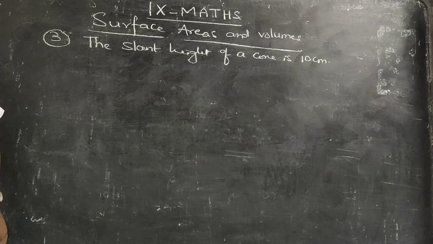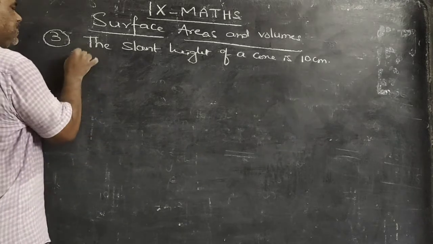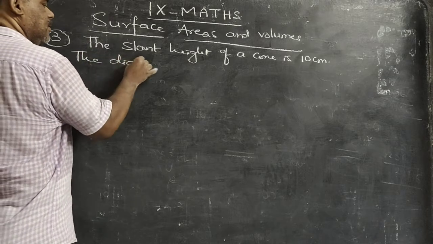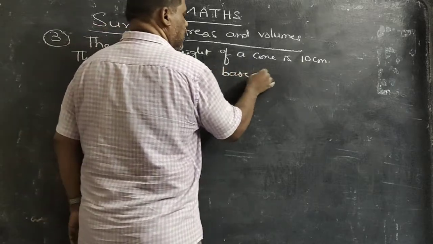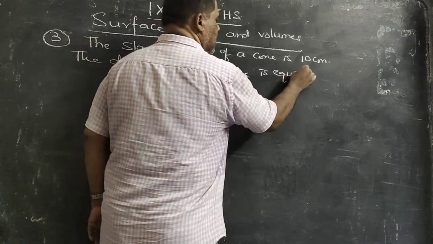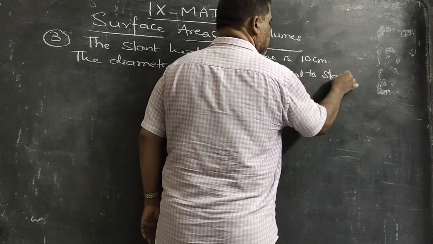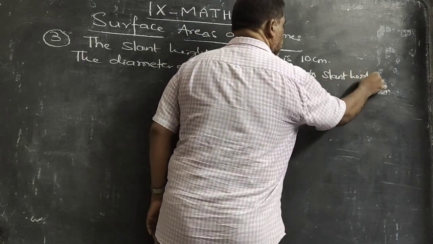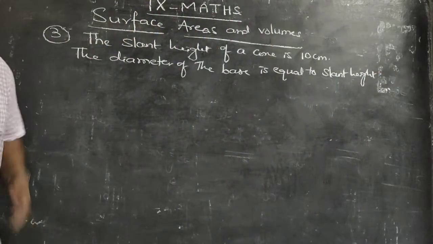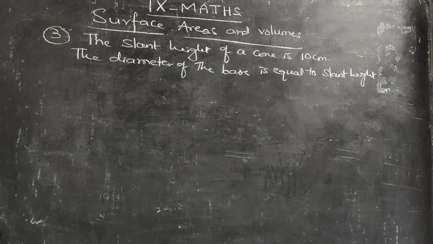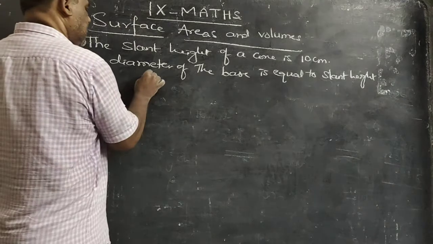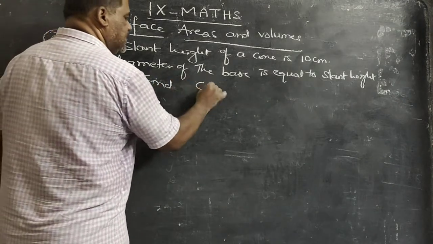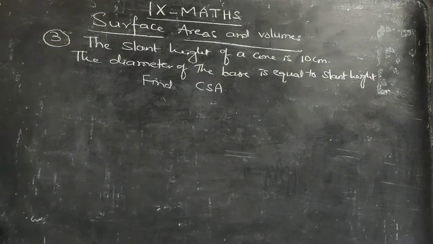The diameter of the base is equal to the slant height. Find the curved surface area of the cone.